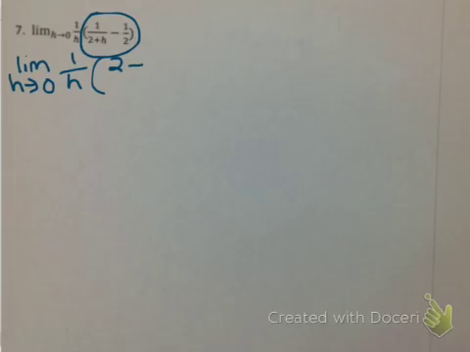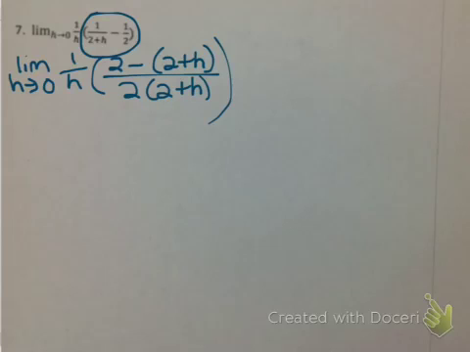So I'd have 2 minus 2 plus h, over 2 plus h. Didn't show all the work there, but my common denominator is 2 times 2 plus h.